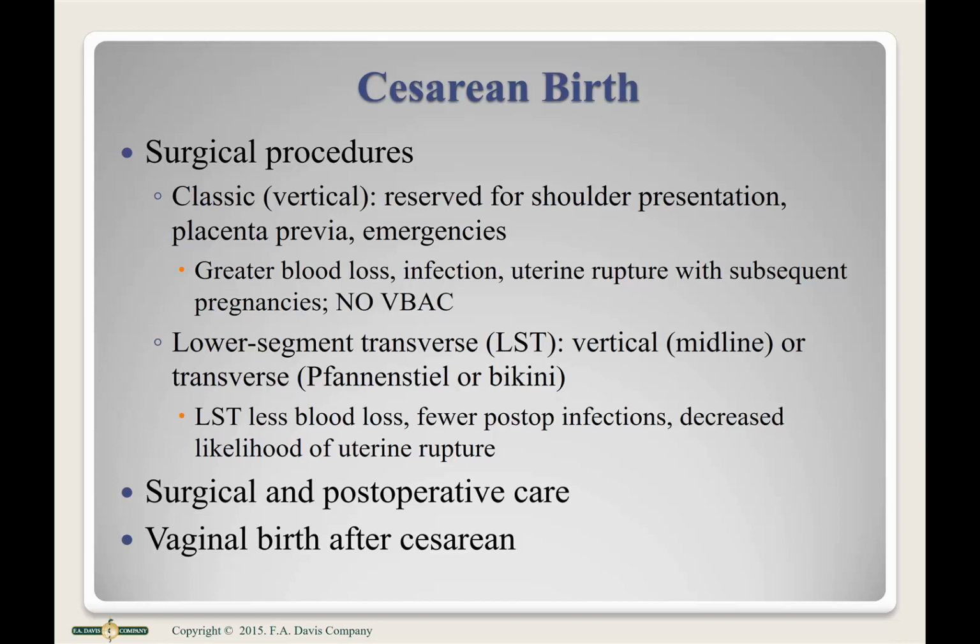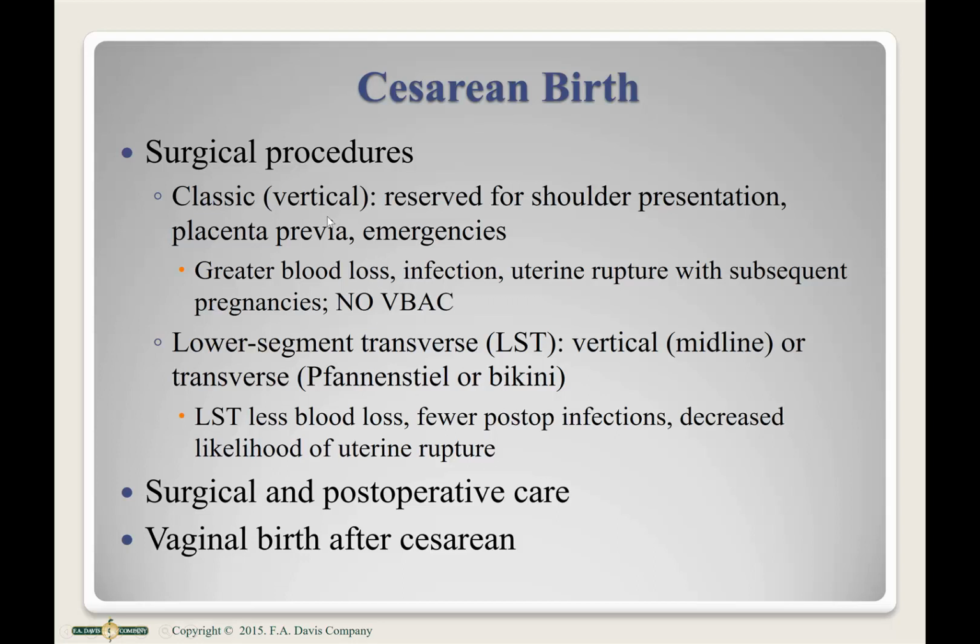There's different kinds of cesarean sections as far as the surgical incision. The two main ones that we're going to talk about are the classic, that is a vertical incision on the woman's abdomen, or there's the lower transverse cesarean section, or a Pfannenstiel or bikini type cesarean section.